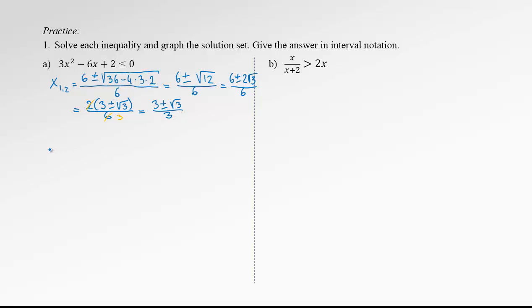Since we have two roots, they will cut the number line in 3 sections. The lower root is 3 minus root 3 over 3, and the higher root is 3 plus root 3 over 3. Now we know that our parabola has a positive leading coefficient. That means our parabola goes somehow like this. It's not relevant how narrow or wide it is.